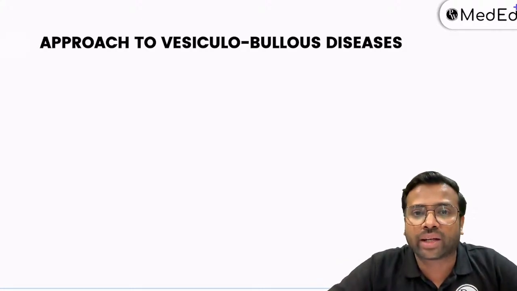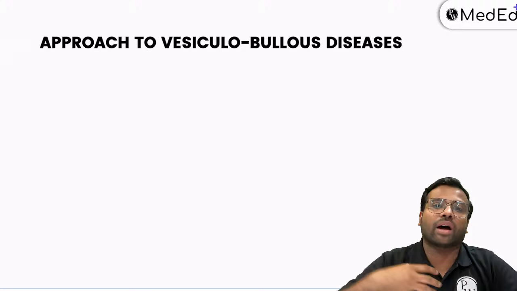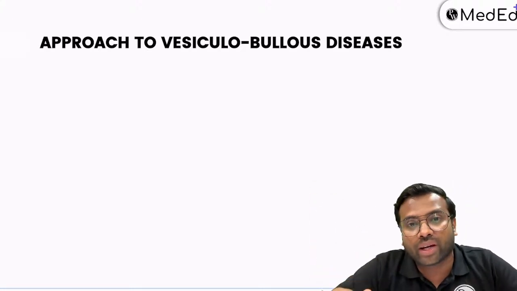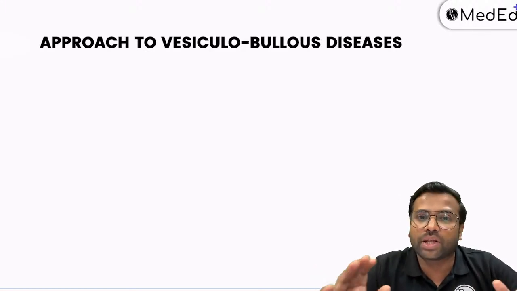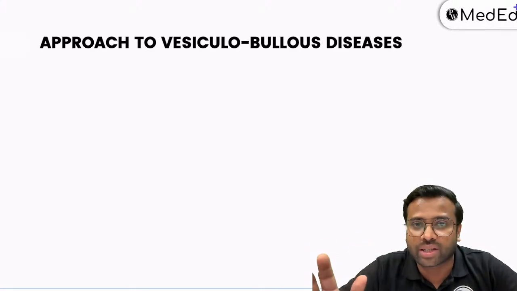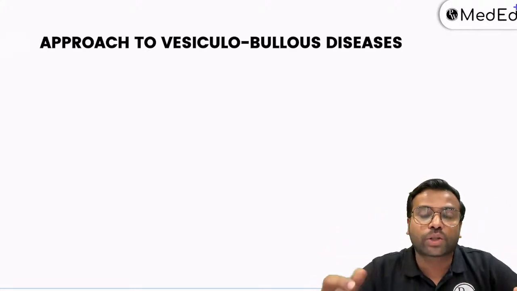He's going to tell you that I am having fever since the last 3 days, I'm coughing a lot, I'm having some breathing difficulty. So they are giving you enough clues. Whereas when it comes to dermatology, the biggest challenge is that the patient may come to you with a common complaint, most probably like itching or irritation, and they would say that I'm having all these lesions on my skin. Now, what should be your approach?